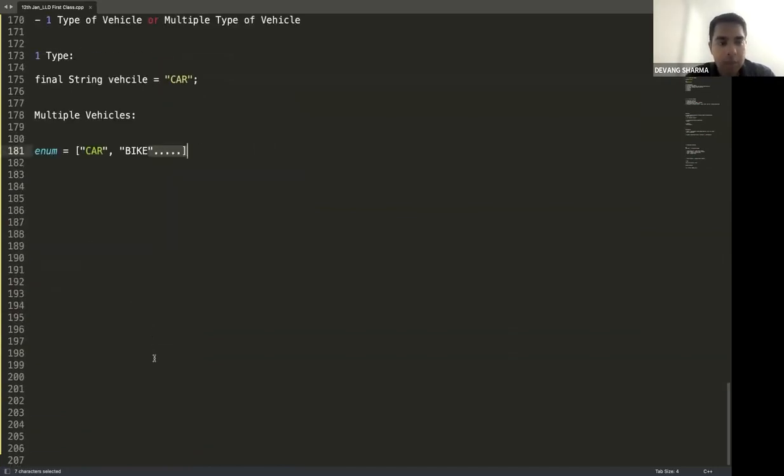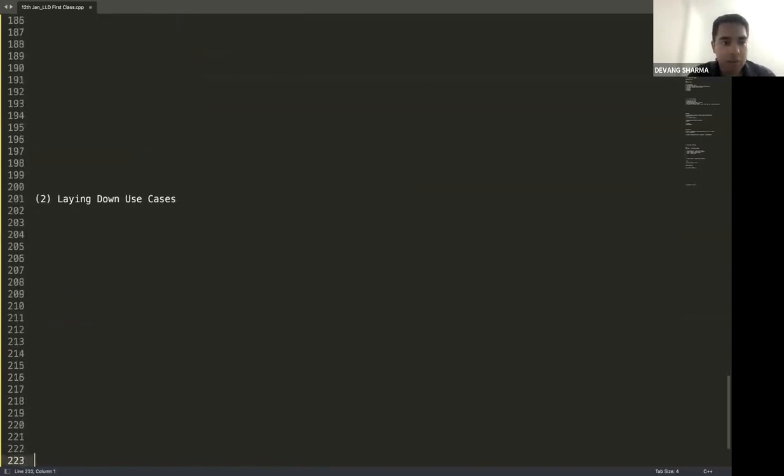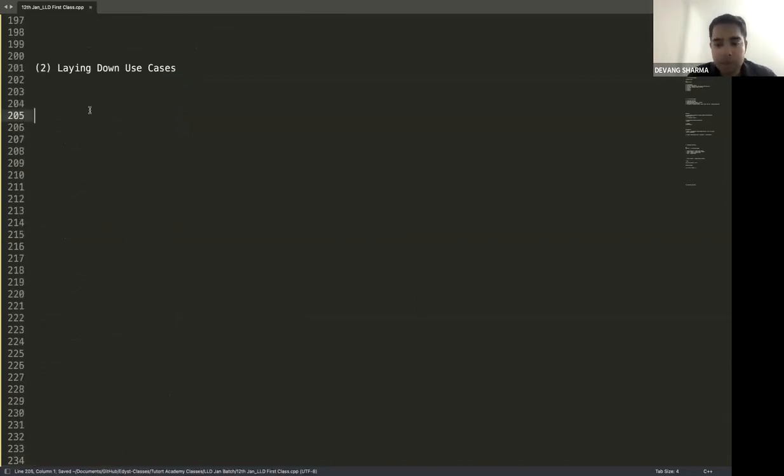All of this we'll see when we go to the code part and case studies, by the way. Number two is laying down the use cases. It's very important for you to lay down the use case of every stakeholder in the system.